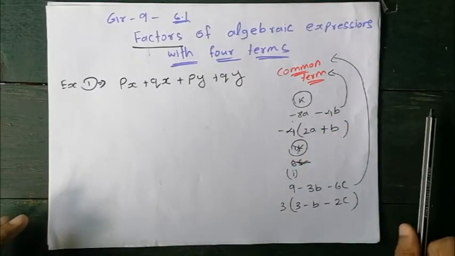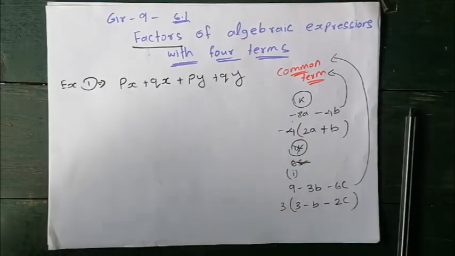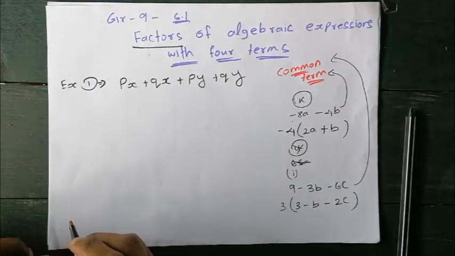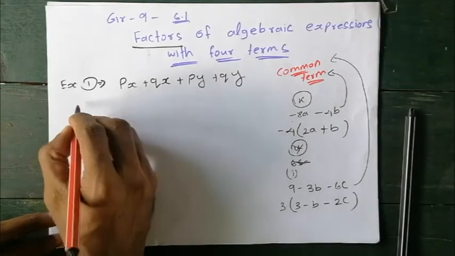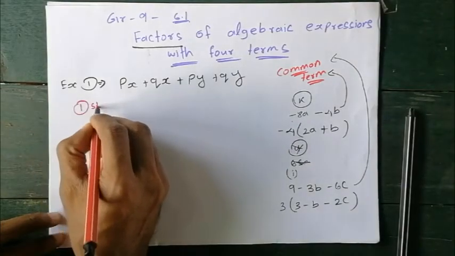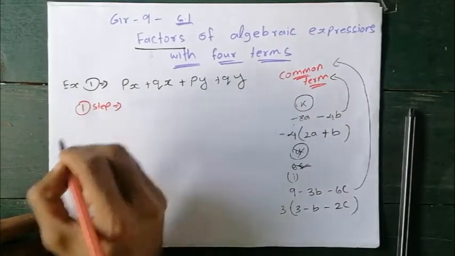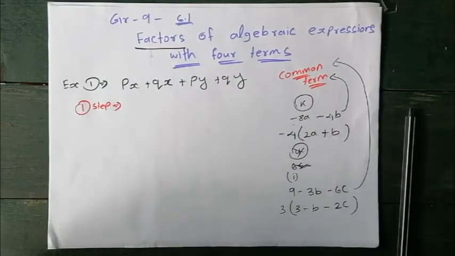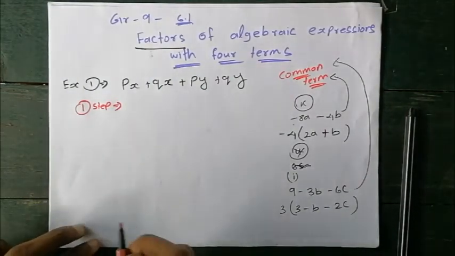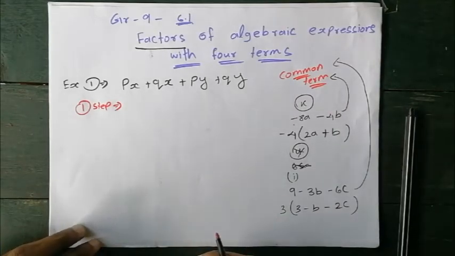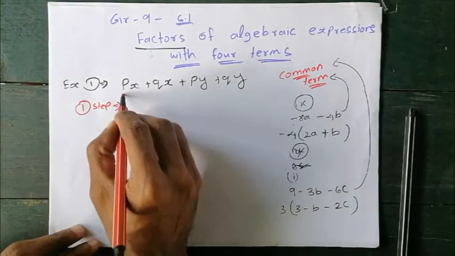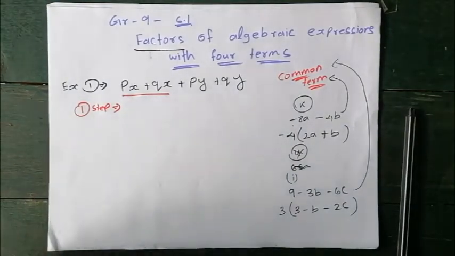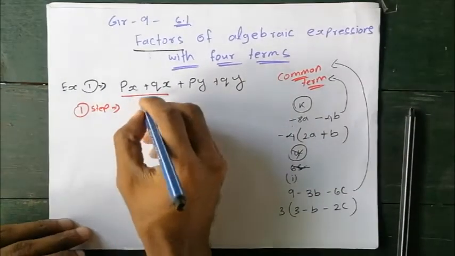The first thing you need to remember: if you have an algebraic expression with 4 terms, the first step is to pair the 4 terms into 2 pairs. As it is given, px and qx we take as the first pair, from the given 4 terms.